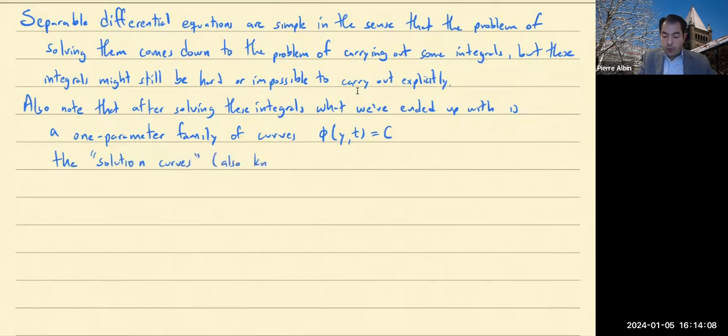But you should know that they're also known as integral curves. Right? That's because old-fashioned language for solving a differential equation is that you were integrating a differential equation, because in some cases you really are just carrying out an integral.